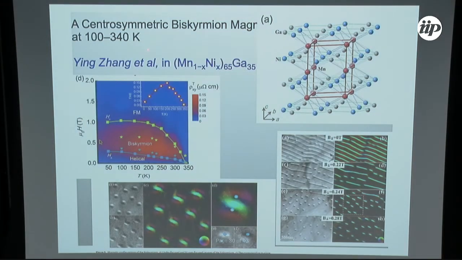They observed in this centrosymmetric biskyrmion magnet, which has some structure, this biskyrmion lattice in some region of H versus T. That's something we are analyzing now, how one can reproduce this skyrmion lattice, but now with skyrmions of charge 2.